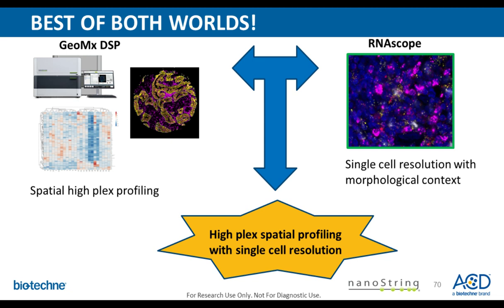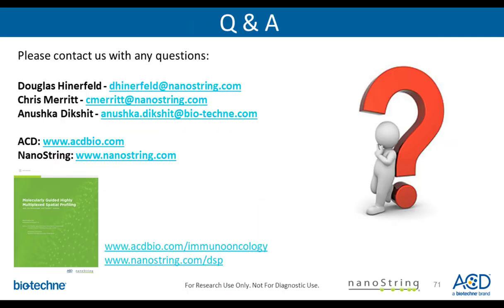And with this joint workflow, we have combined the best capabilities of both these technologies while maintaining technical feasibility for each of these assays. So with that, I want to thank all of you for your attention, and we'll take any questions at this moment.